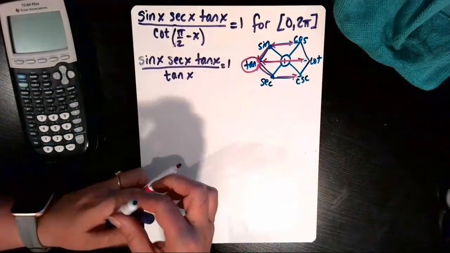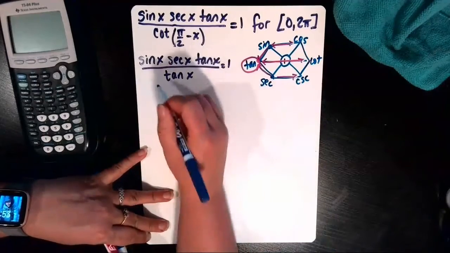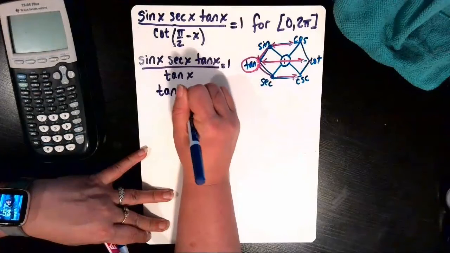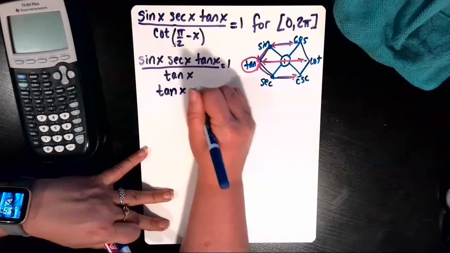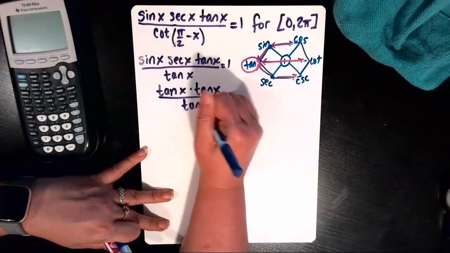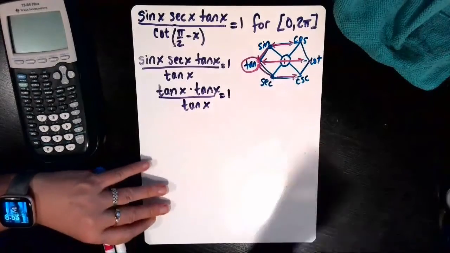So we can swap out sine times secant, that product, using that identity to get tangent of x times tangent of x, all divided by tangent of x, and that equals 1.